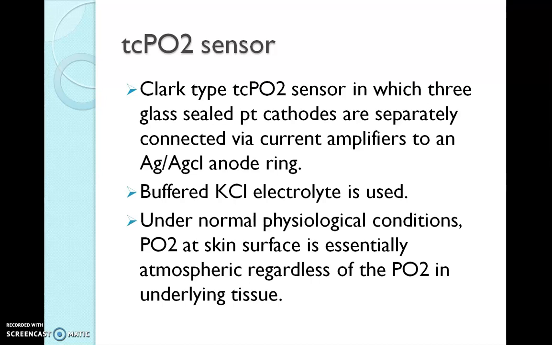A buffered KCl electrolyte which has a low water content is used. Under normal physiological conditions, PO2 at the skin surface is essentially atmospheric, regardless of the PO2 in the underlying tissues.